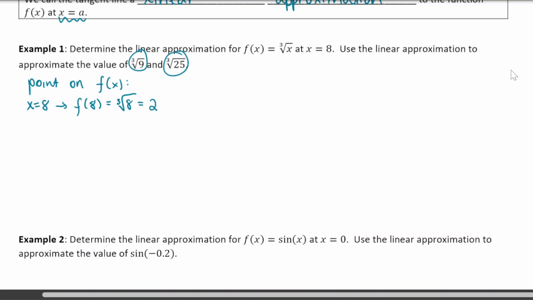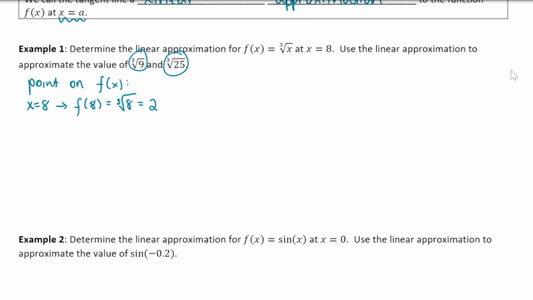Now we need to find the slope of our tangent line approximation. So let's do the derivative of f of x, which would be 1/3 times x to the power of negative 2/3. You could also write this as 1/3 multiplied with the cube root of x squared.